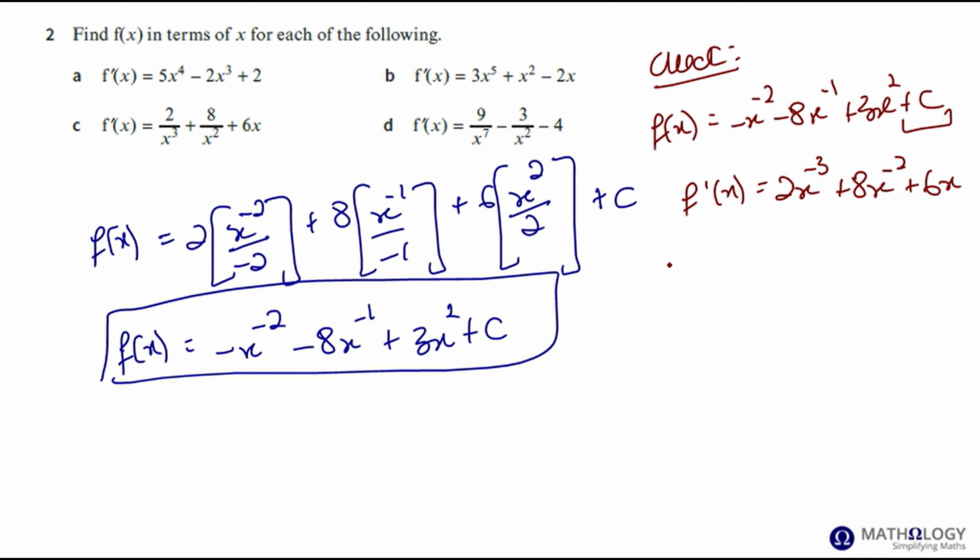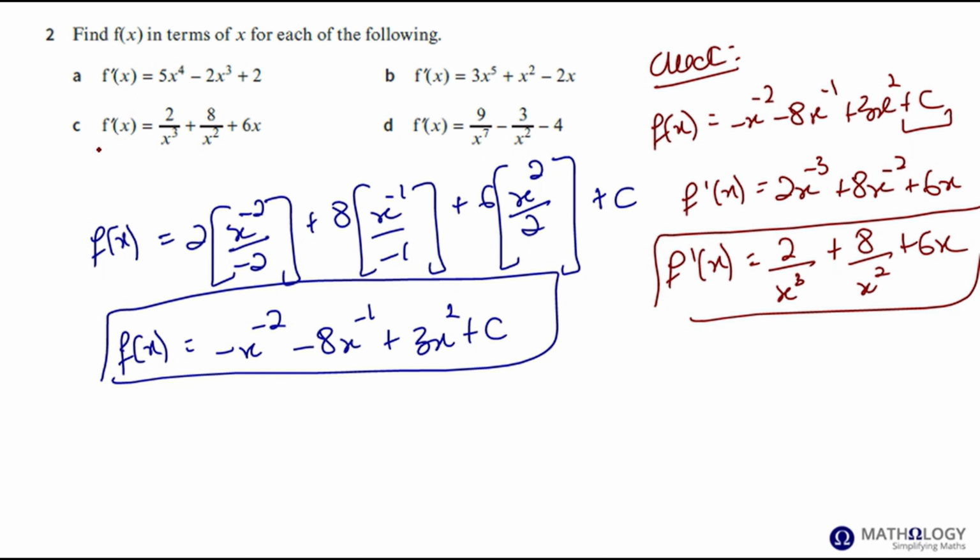So putting this into a neater form, f prime x is 2 over x cubed, plus 8 over x squared, plus 6x, which is the expression we had for f prime x.